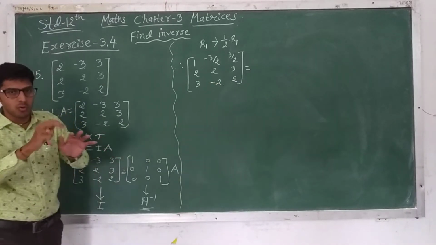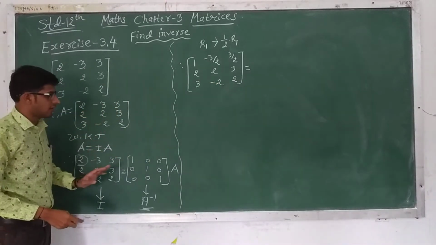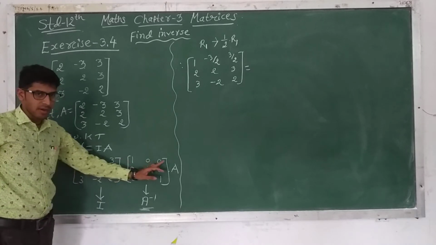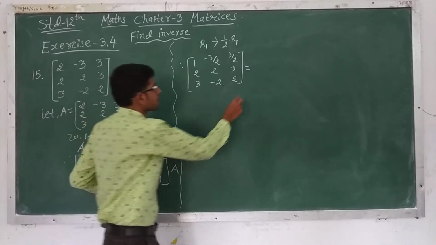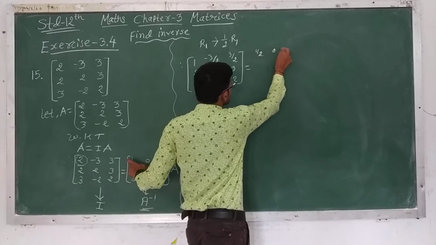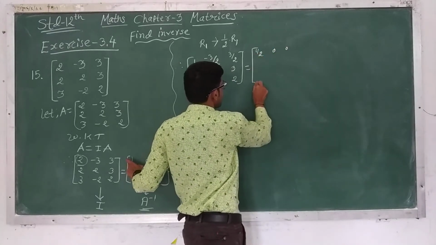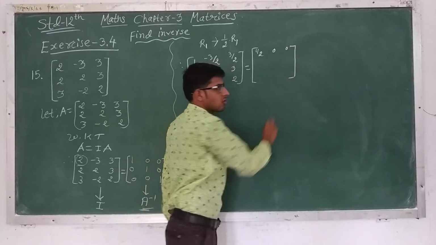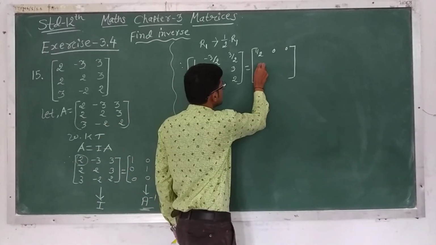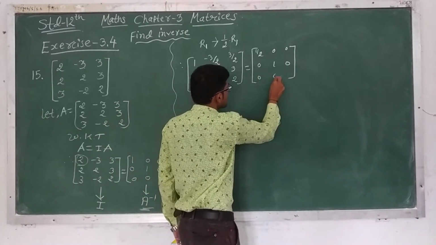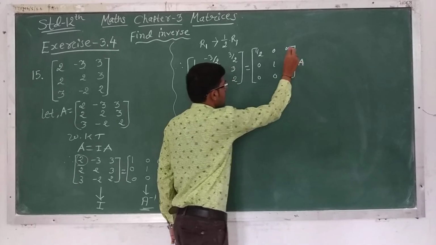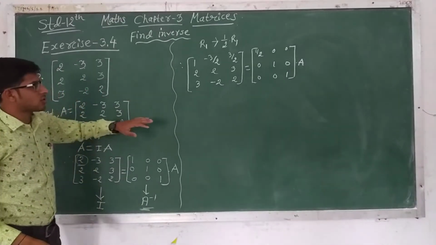Same operation we apply on the right hand side. We divide the first row by 2, so 1 by 2, 0, 0, and the second and third rows as they are: 0, 1, 0 and 0, 0, 1, times A.